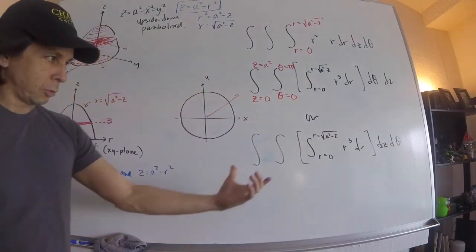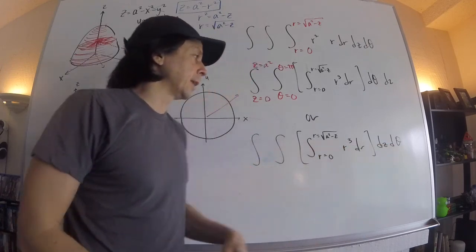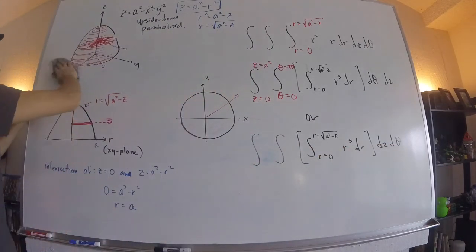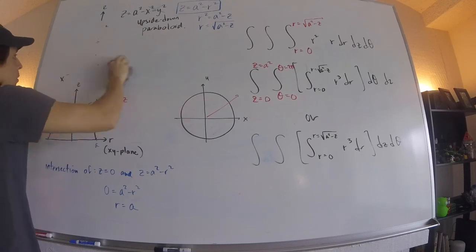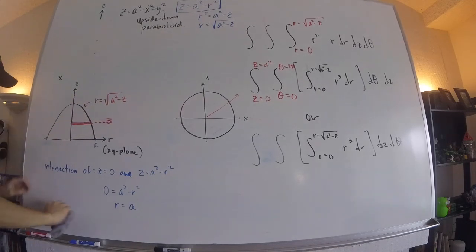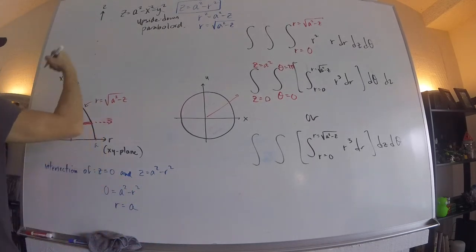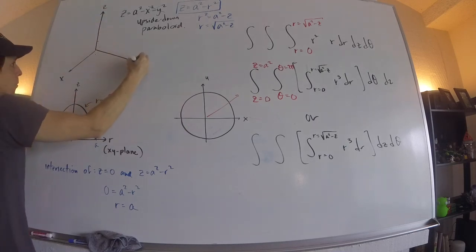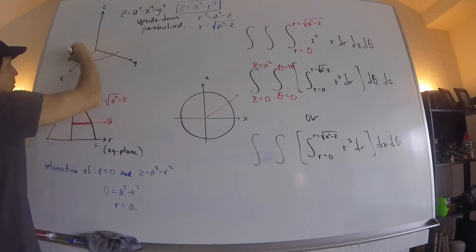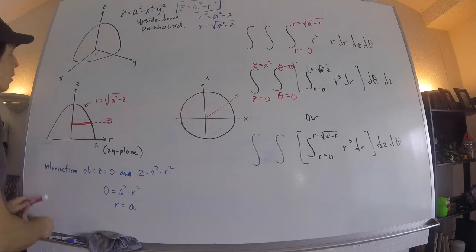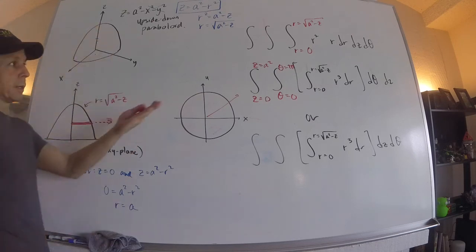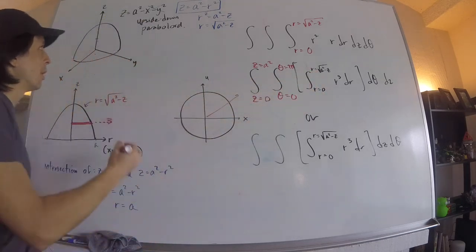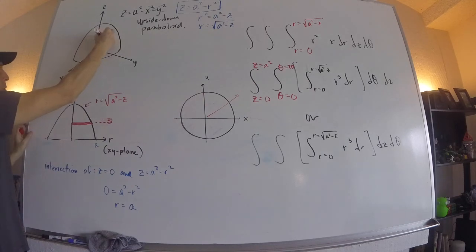If I chose to start with r but then do z then theta, let me just mention how that would work. I would do my r again, going from 0 to the paraboloid, picking some random z and some random theta, coming out like that.